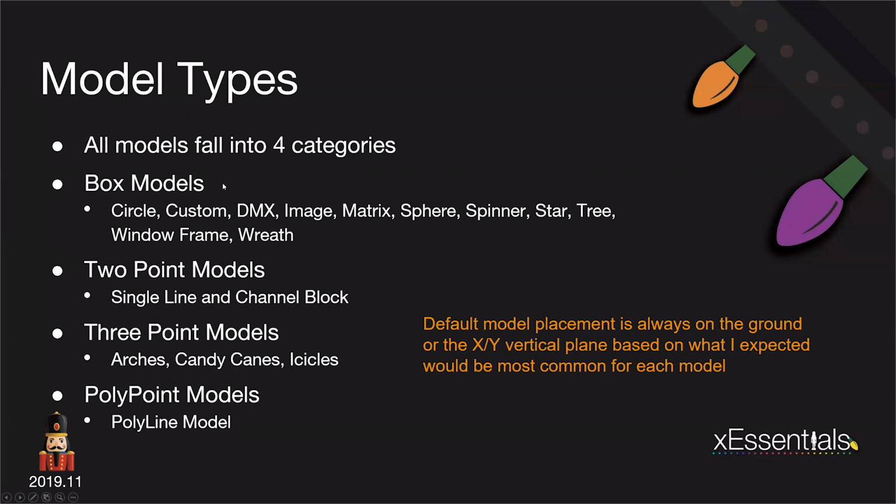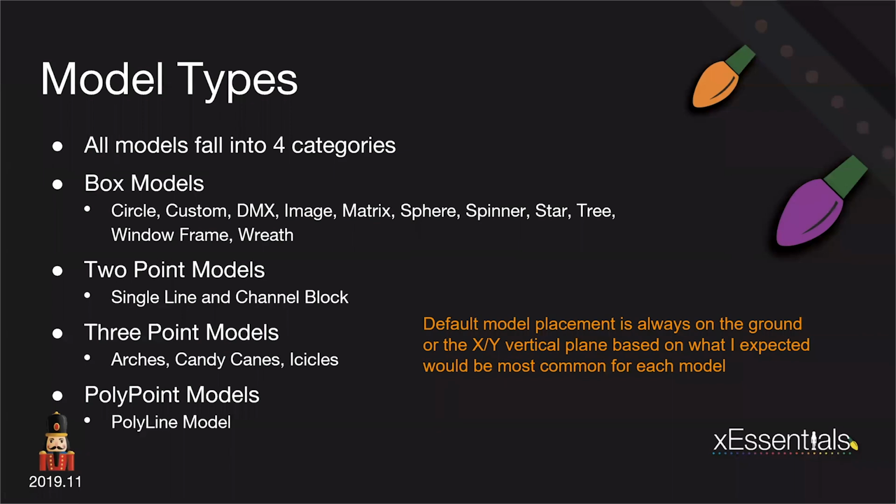Box models are represented in either a rectangular or a square space. Sometimes, like in the case of a matrix, it doesn't have much depth to it, but it's still represented as a square. Most of the models in xLights fall under the box model category.